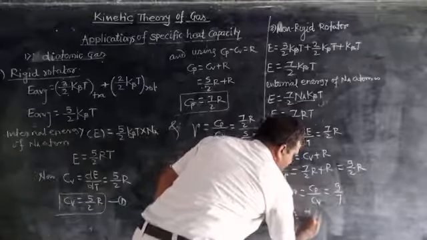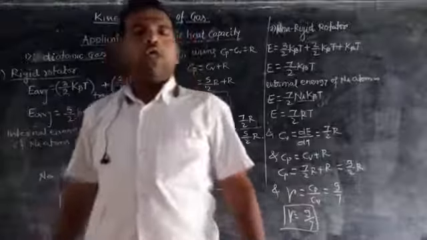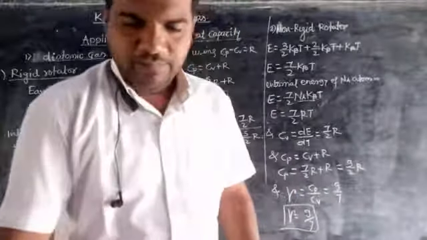Thus gamma is equal to 9 by 7. This is the adiabatic constant for a non-rigid vibrating molecule.